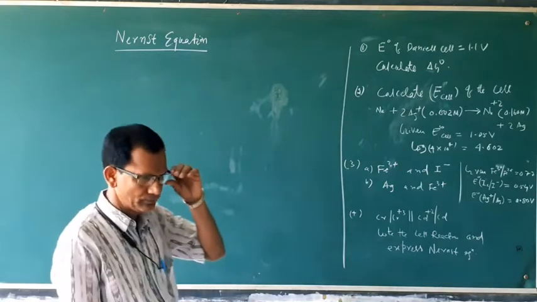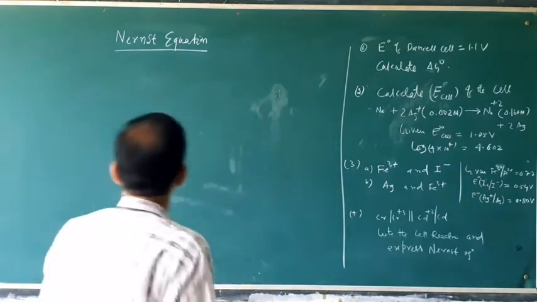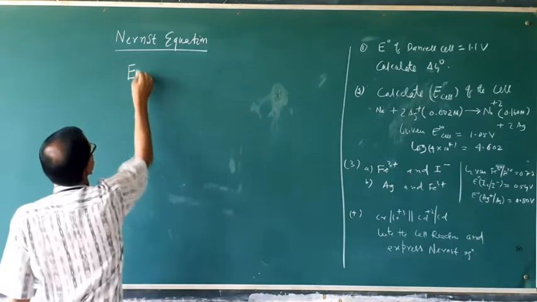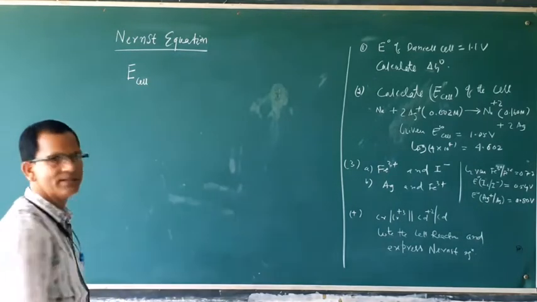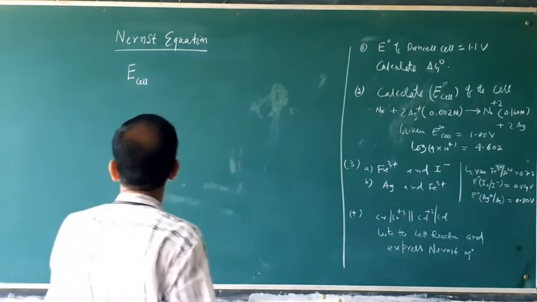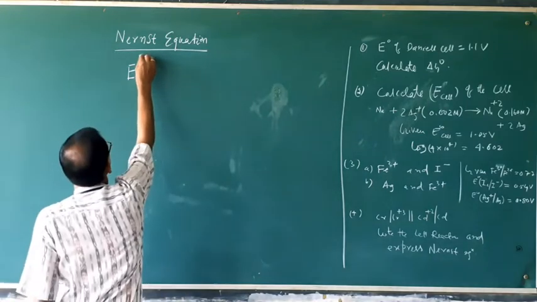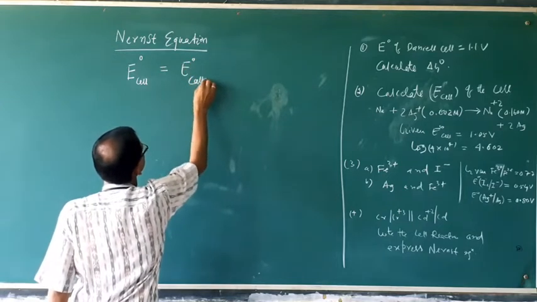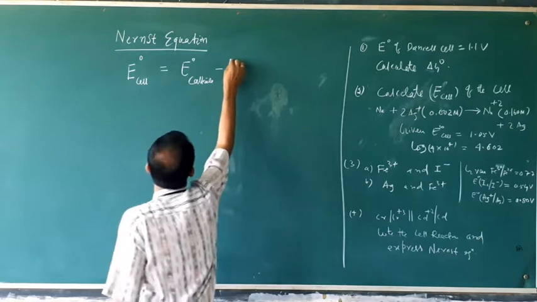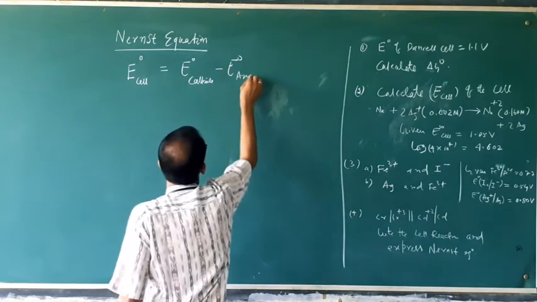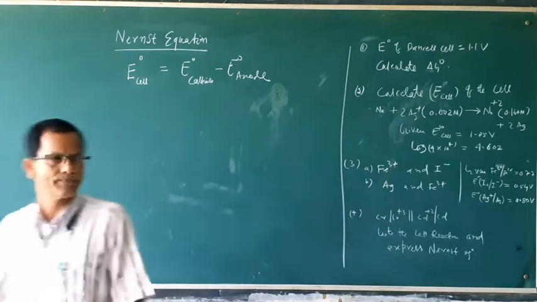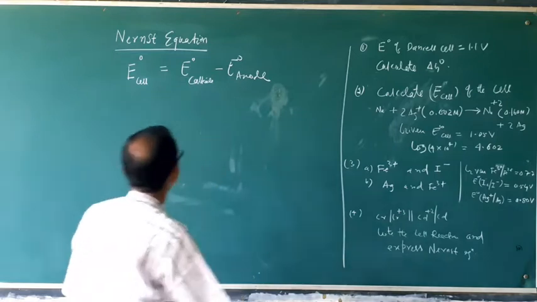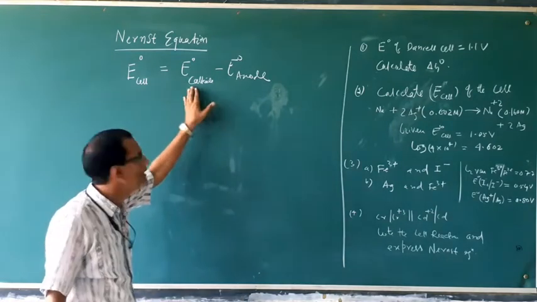Already you know that the cell potential of any cell, in the standard state, is equal to E naught of cathode minus E naught of anode. Cathode means the reduction potential of cathode and the reduction potential of anode, because the cathode has a higher reduction potential than the anode.